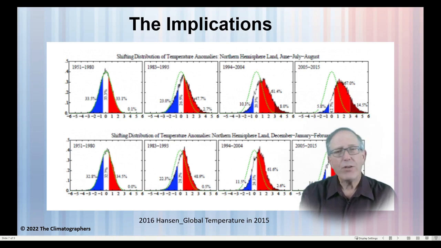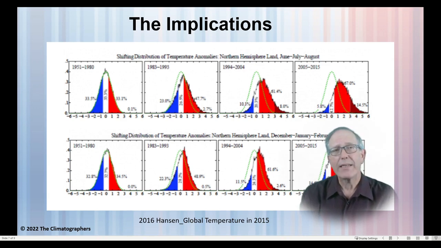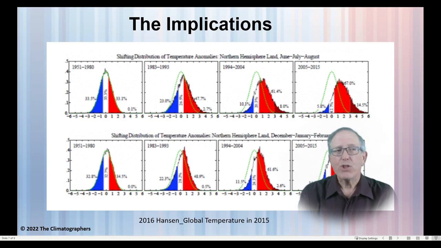And you can see he too normalized those temperature anomalies for 1951 to 1980 in his case, and then has been tracking what's going on and basically shows approximately a 1 or 1.5 standard deviation change by the period 2005 to 2015.